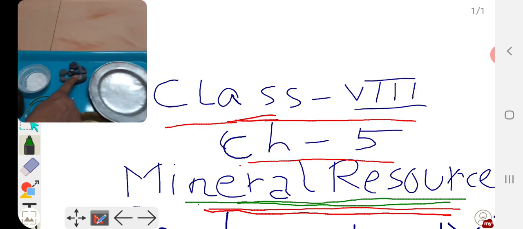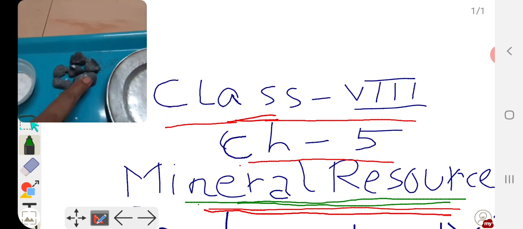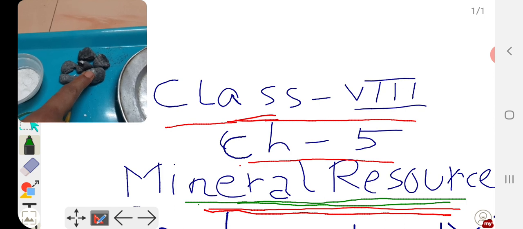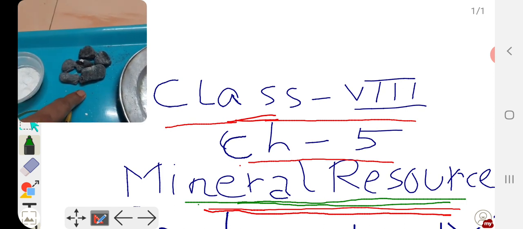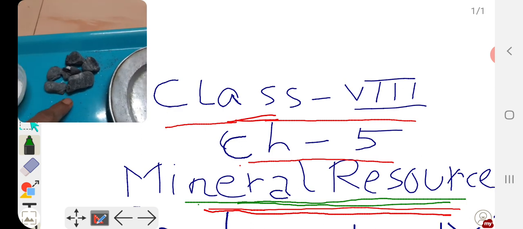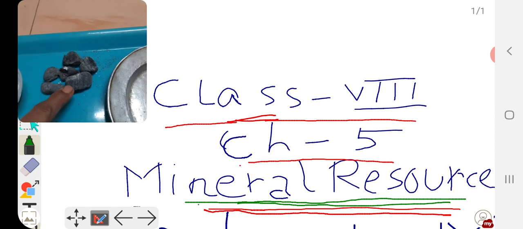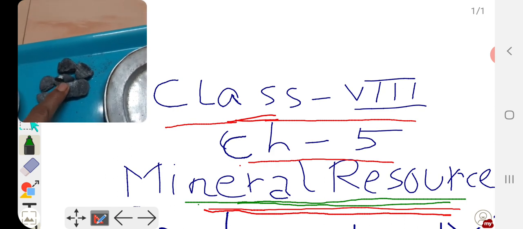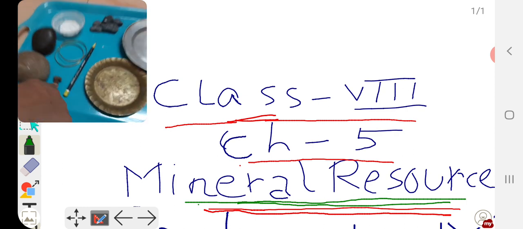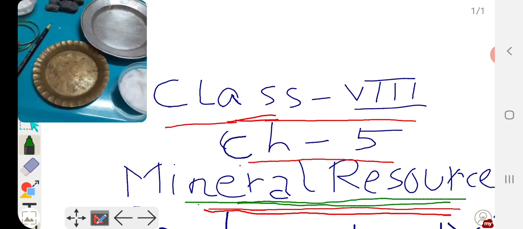Now coal, you all know coal is formed due to the decomposition of the plant kingdom, and here I cannot show the petroleum. Even petroleum is due to the decomposition of animals. So these are organic minerals, but all these are inorganic minerals.